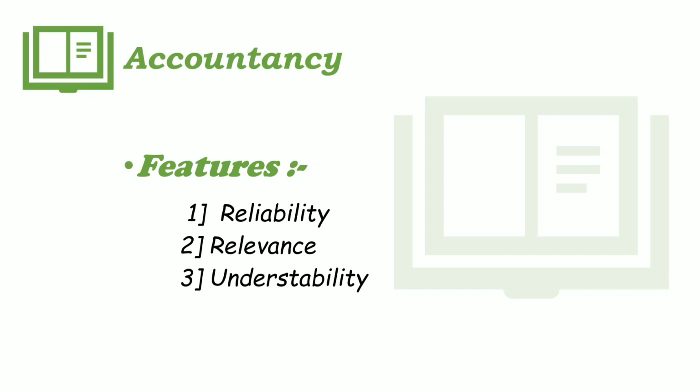Understandability: it should be understood very easily. Then comparability: we prepare it today, we create an evidence, and it can be compared in future with other books, or we can compare it with other businesses as well. So comparability lies in accountancy as well.